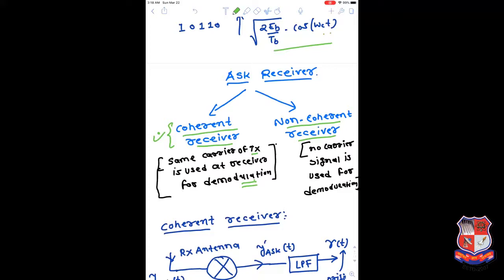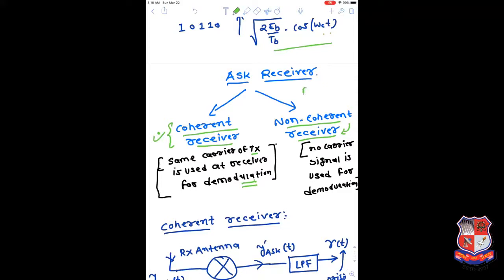But sometimes the carrier is not available at the receiver, or there may be a possibility that, because of Doppler shift, your transmitted signal frequency changes, and the carrier at the receiver does not have the same frequency as what has been received.